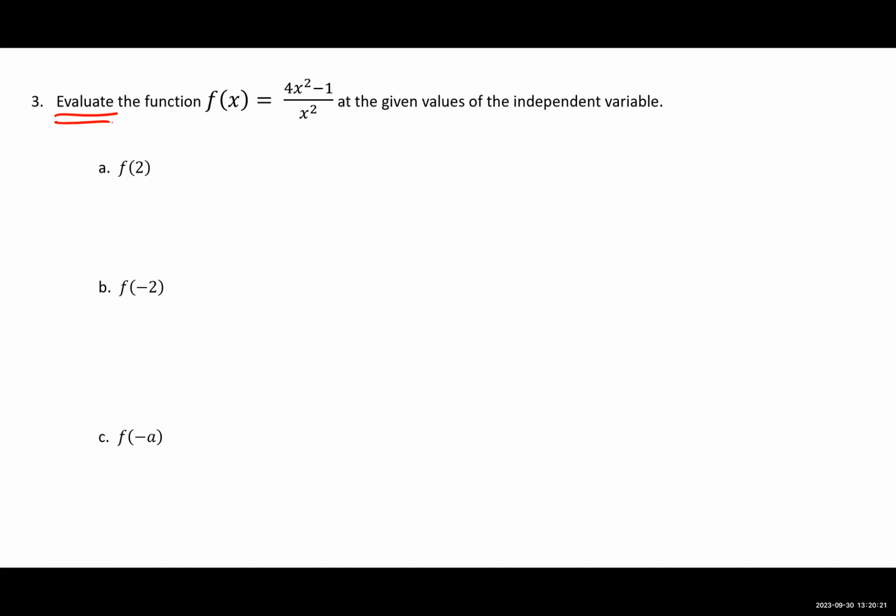So the word evaluate means replace, right? To evaluate a function means to replace the variable. Remember, a variable is a temporary placeholder. So to evaluate a function means to replace the variable x with something else.